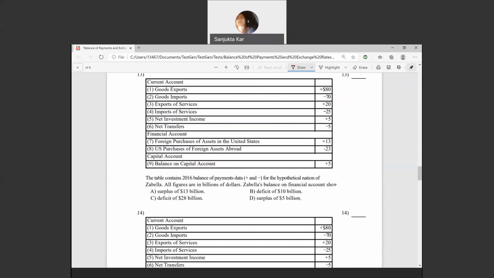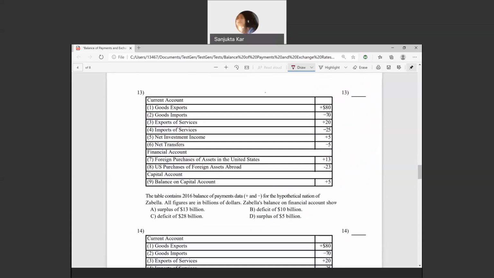All right, going to question number 13. We have a bunch of data here. They're asking us Zabella's balance on financial account.